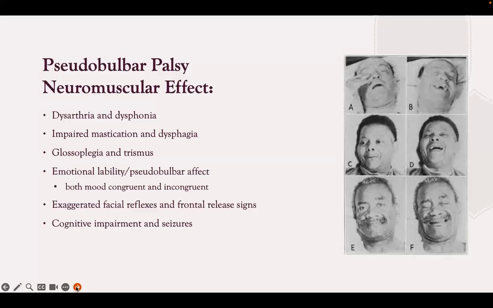Emotional lability, also called pseudobulbar affect, both related and unrelated to the patient's mood, is a common symptom. Exaggerated facial reflexes are also observed. In some patients with pseudobulbar palsy, seizures and cognitive impairment are observed, including in up to 85% of pediatric cases.